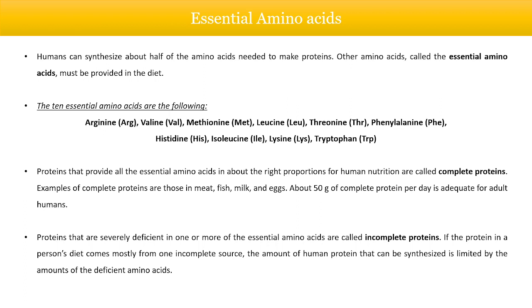Now the 10 essential amino acids are the following. Among these we have arginine, valine, methionine, leucine, threonine, phenylalanine, histidine, isoleucine, lysine and tryptophan. So these are the 10 essential amino acids, and these are not made by the body. So we have to provide these via some kind of diet or the food that we eat on a daily basis.